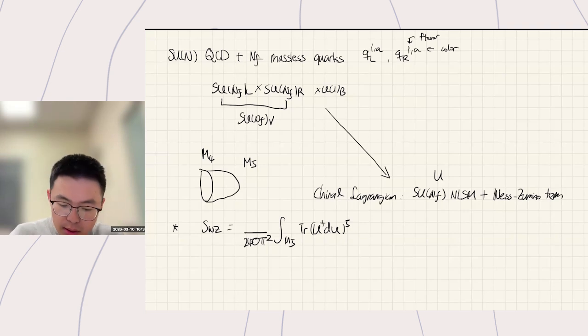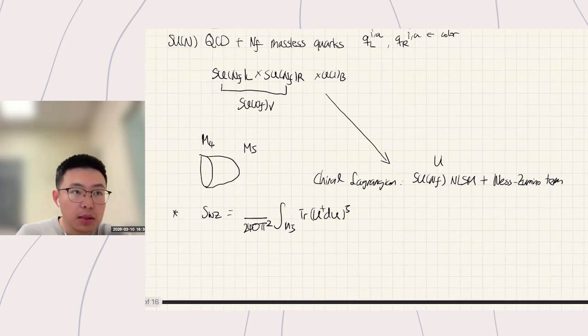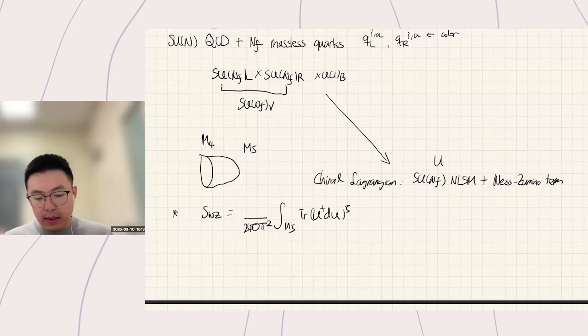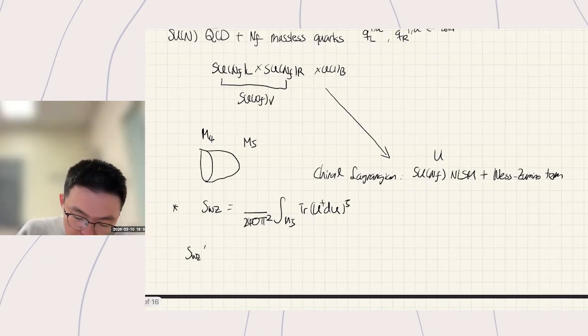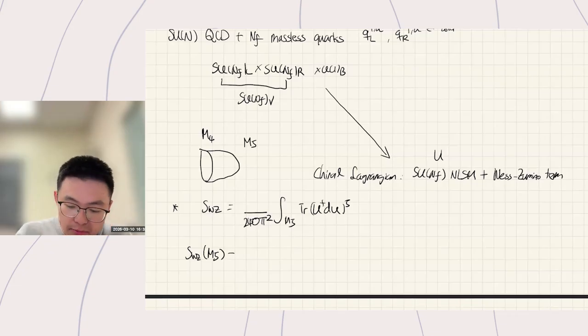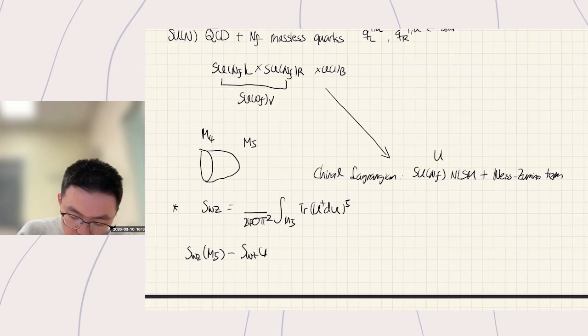Importantly, this Wess-Zumino term has the following property. We want the Wess-Zumino term to be well defined, in the sense that it only depends on the actual field configuration on M4 instead of how we extend it to M5. This is possible because if we look at the difference between two Wess-Zumino terms, let's say one extension to M5 and the other extension to M5 prime, then the difference is basically evaluating the Wess-Zumino term on a closed manifold.